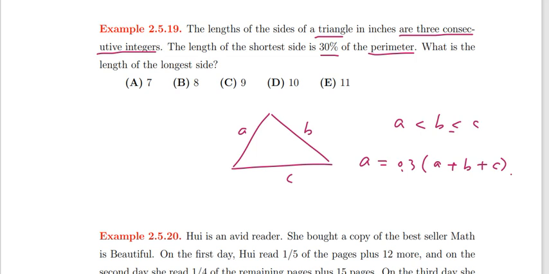So we can change this equation to 0.7A equals 0.3(B plus C). We don't like 0.7, so we just say 7A equals 3(B plus C).